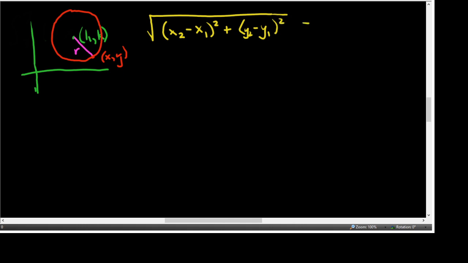And that gives you the distance between the 2 points, (x sub 1, y sub 1) and (x sub 2, y sub 2).